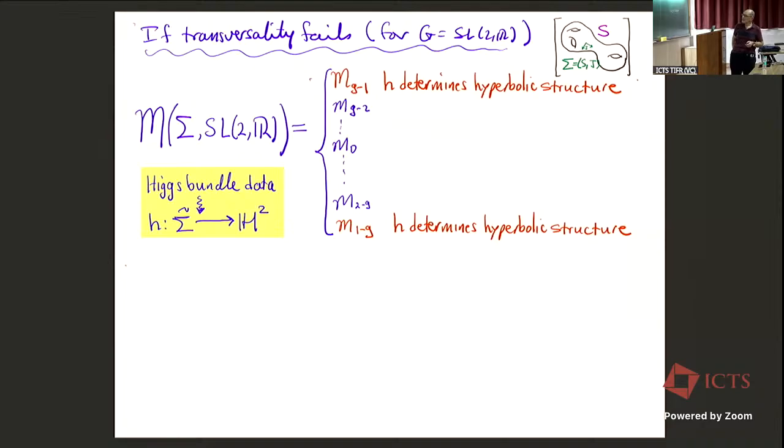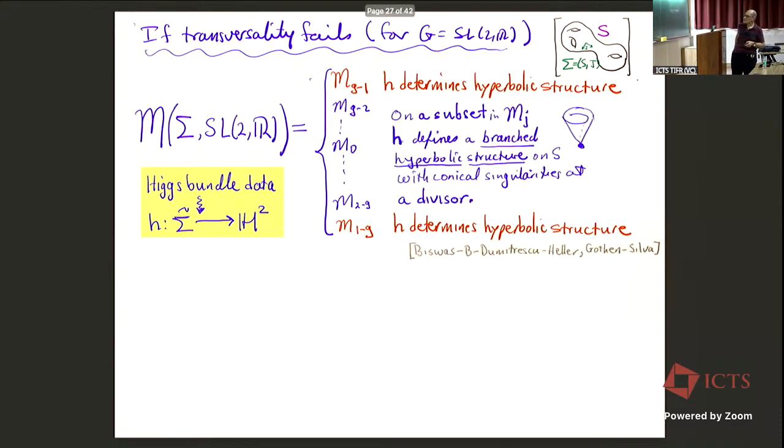In the case of SL2R, we know that the moduli space has multiple components. In the extremal components, the data defines hyperbolic structures. But what happens in the other components?